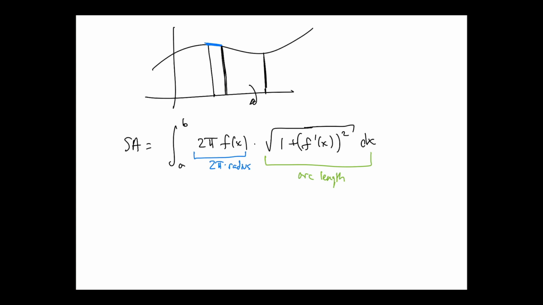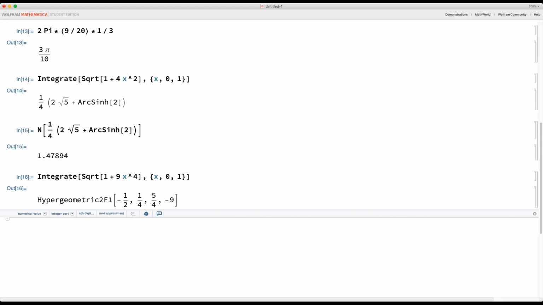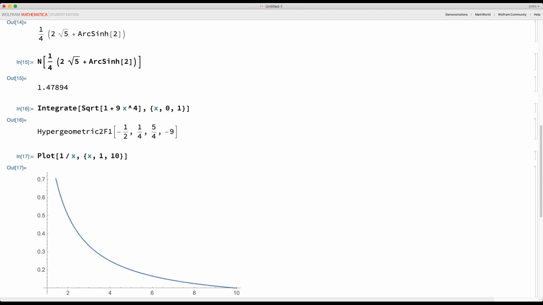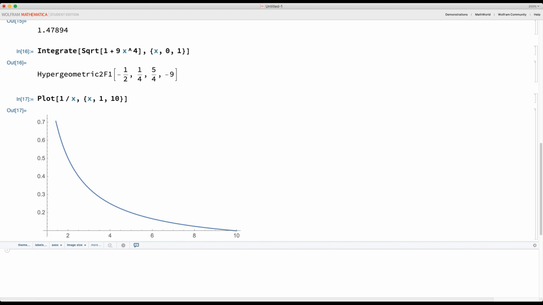So what I'd like to do is to look at a really fun example. All right, so I'll just plot this from 1 to 10.